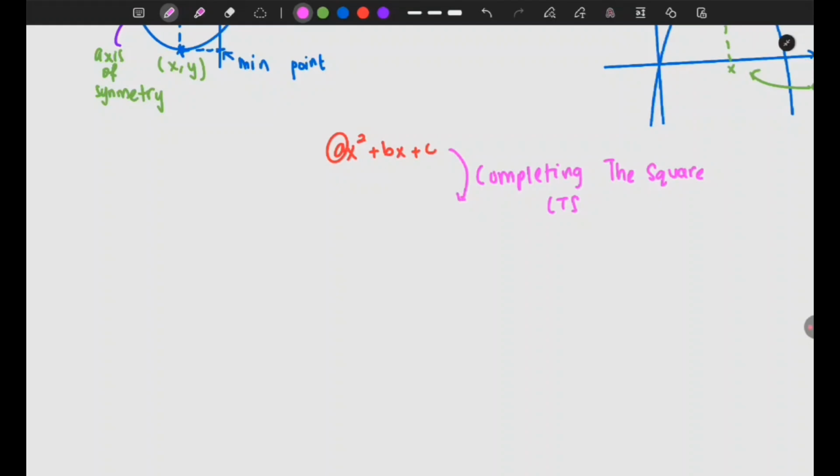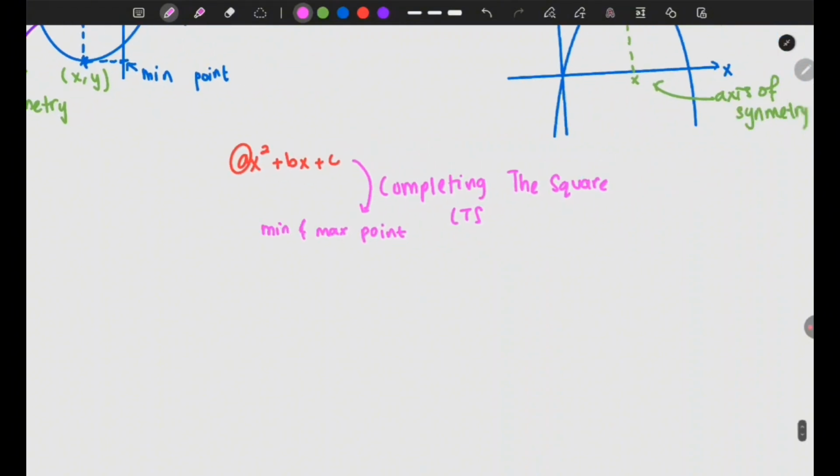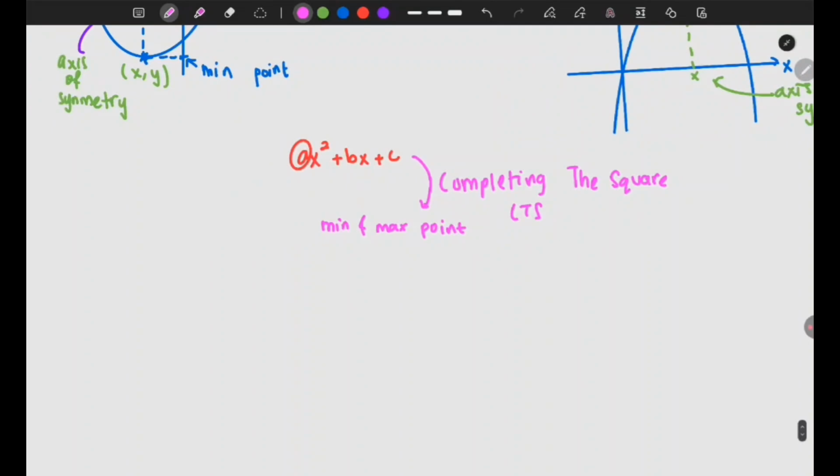But I told you before, completing the square can only be used to find the roots, which is the x value. But now I'm also saying to find the minimum or maximum point. How is that possible? Here is a way.